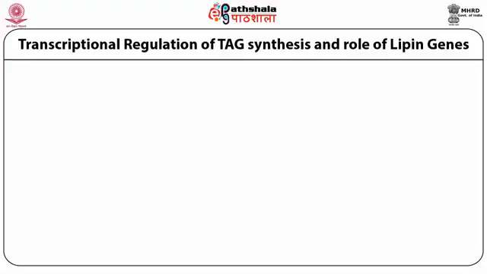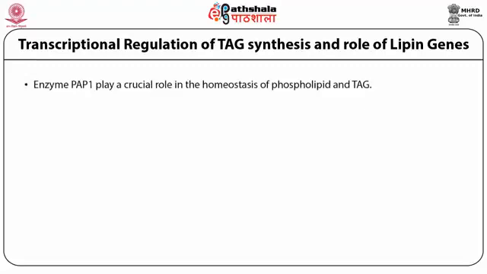The transcriptional regulation of triacylglycerol synthesis and the role of lipin gene. Enzyme PAP1 plays a crucial role in the homeostasis of lipids, phospholipids especially, and triacylglycerol or the triglycerides.